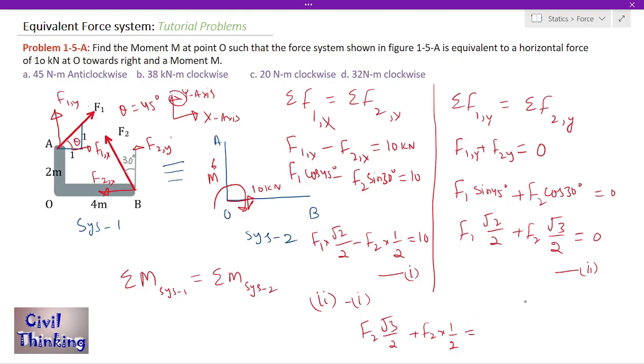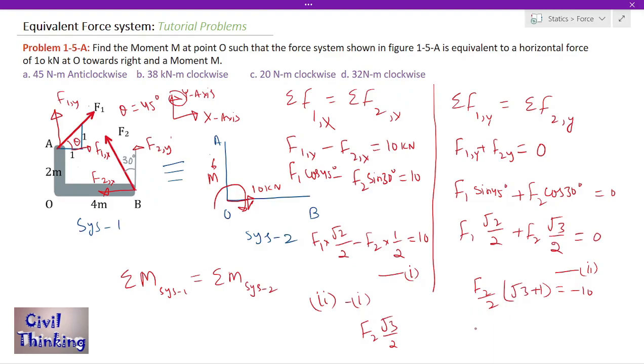On the right hand side, it is 0 here and 10 here, we will subtract them. So 0 minus 10 is minus 10, right? Now f2 divided by 2, we'll put it common, f2 divided by 2 times square root of 3 plus 1, it is equal to negative 10, right?